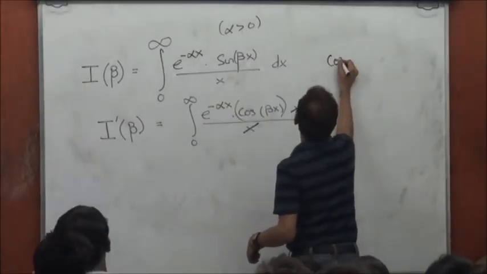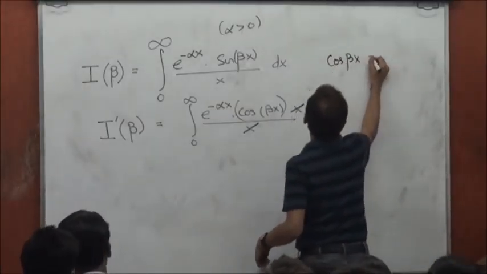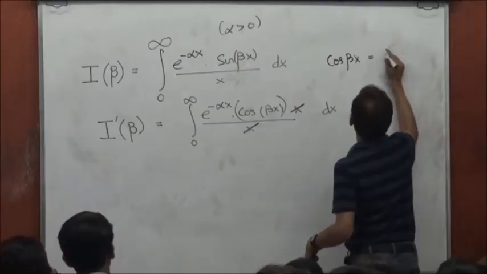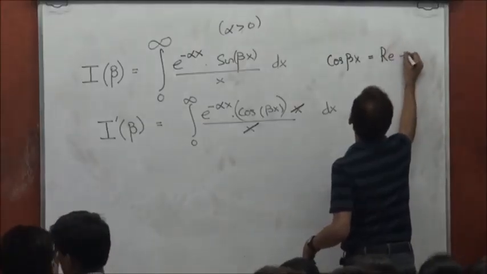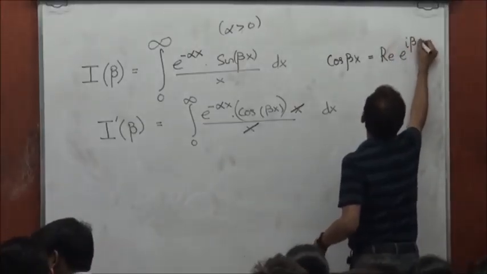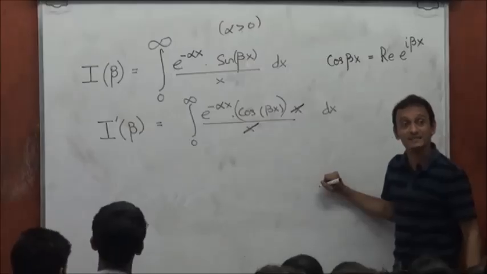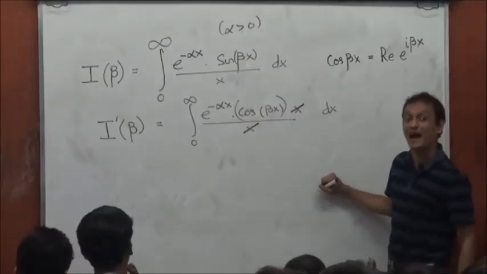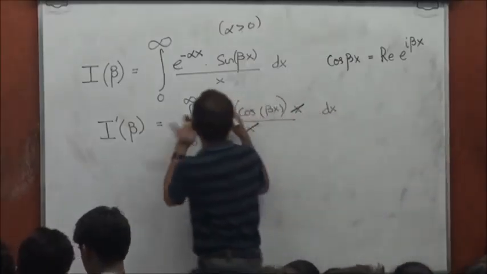Cos beta x is the real part of e^(i beta x).